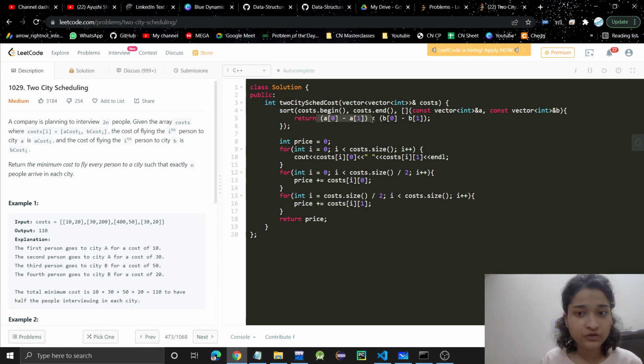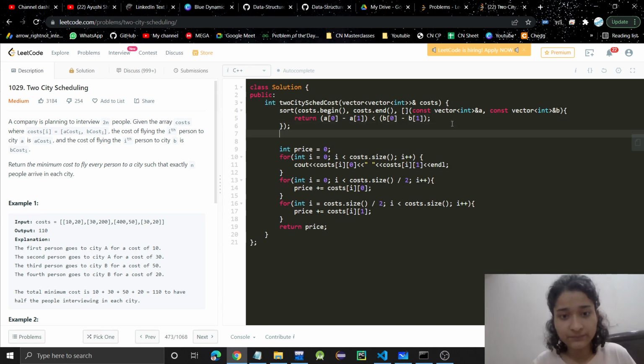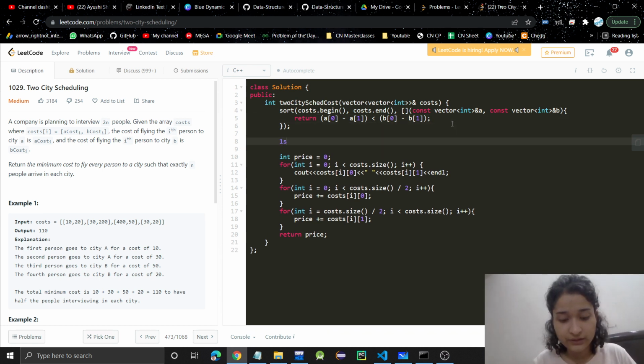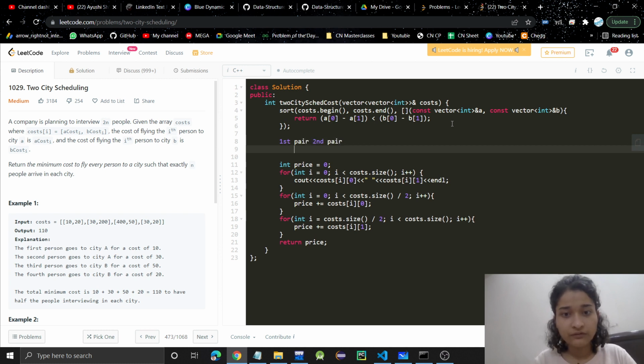That pair will come first whose A minus B is less than the other pair's A minus B. Basically, if the first pair is there and the second pair is there, the first pair's A minus B should be less than the second pair's A minus B. This is how we write that.